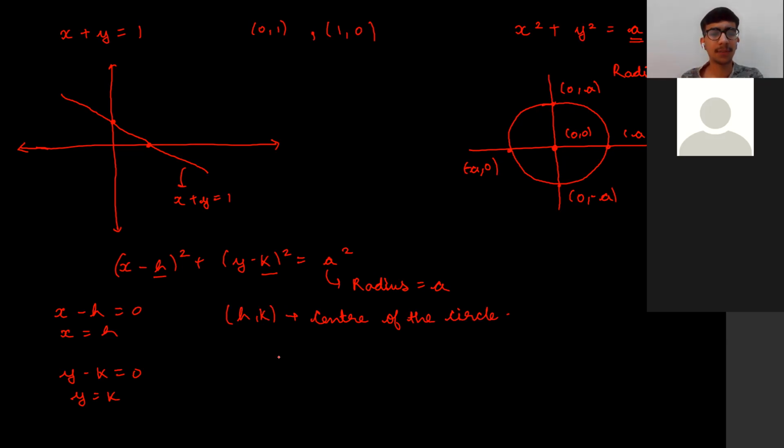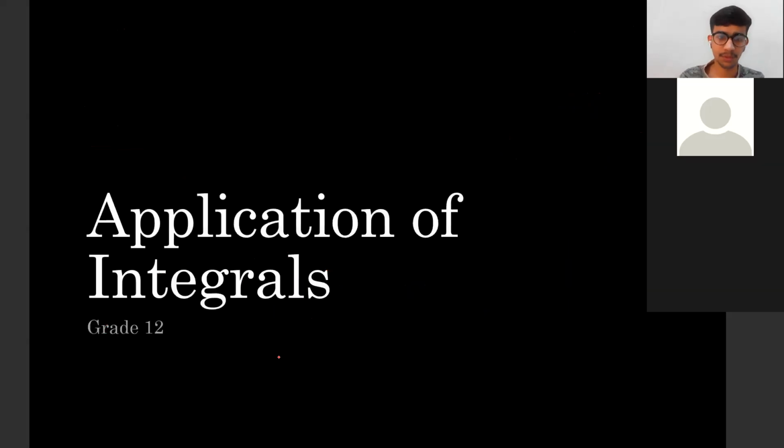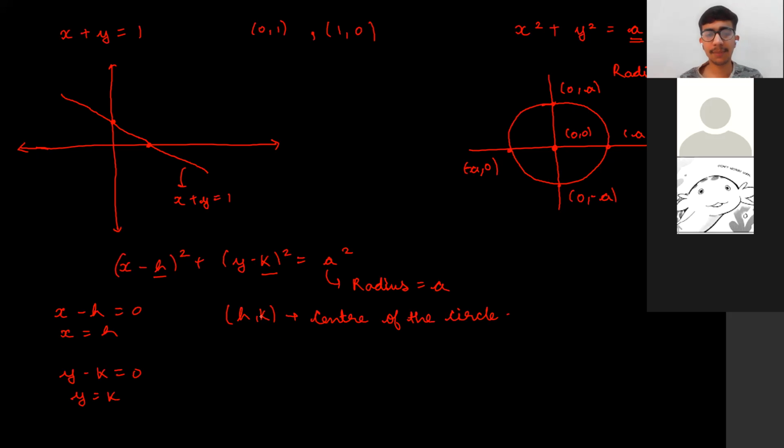Okay, any doubts till this particular portion, or should we move ahead? No, sir. I didn't understand the h and k. Okay, so earlier the center was origin, right? You can represent x square as x minus 0 the whole square plus y minus 0 the whole square. So the center is actually the origin.